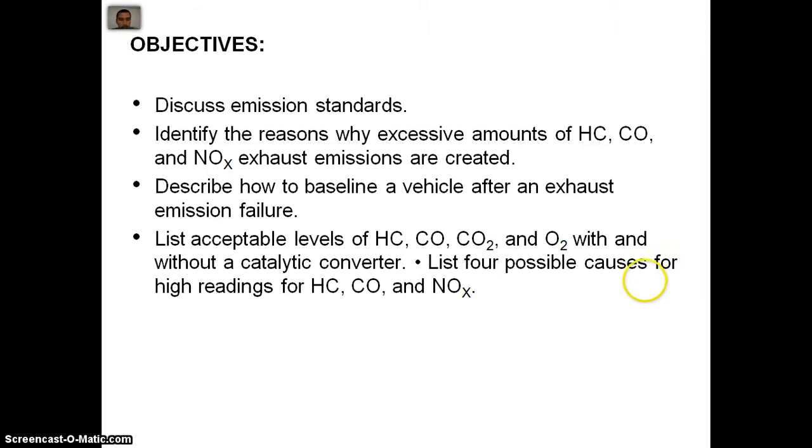It means that after we have finished these topics, the student will be able to discuss emission standards, identify the reason why excessive amounts of hydrocarbon, CO or NOx, or nitrogen oxides, exhaust emissions are created, describe how to baseline a vehicle after an exhaust emission failure, list acceptable levels of hydrocarbon, carbon monoxide, carbon dioxide and oxygen with and without a catalytic converter, as well as list 4 possible causes for high readings for hydrocarbon, carbon monoxide and nitrogen oxides.